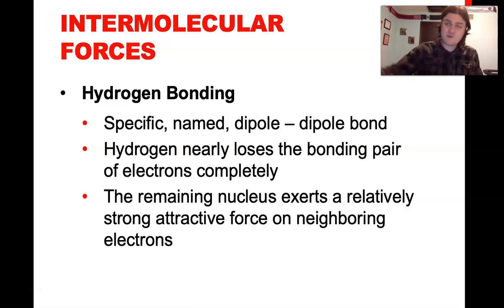Okay, they almost totally just control the bonding electrons in this case. And that means the only thing that's left of the hydrogen atom at that point is a proton on the end of a covalent bond, right? Except the covalent bonding electrons are mostly around either the nitrogen, oxygen, or fluorine atom. There's just this random single proton sticking out the side of a molecule.